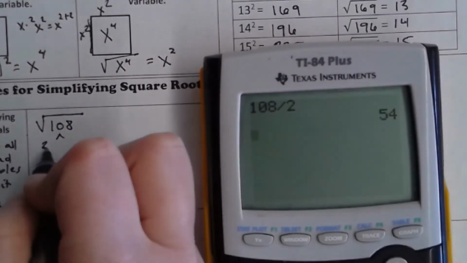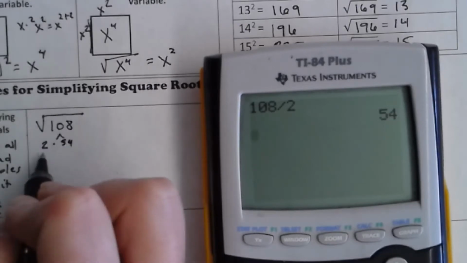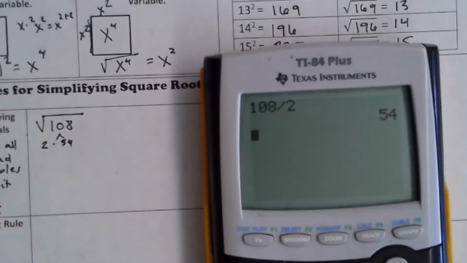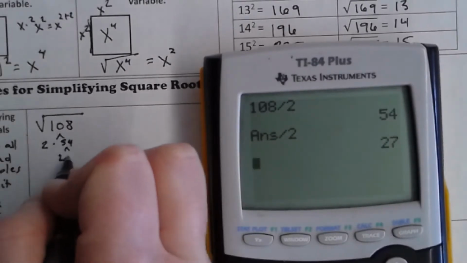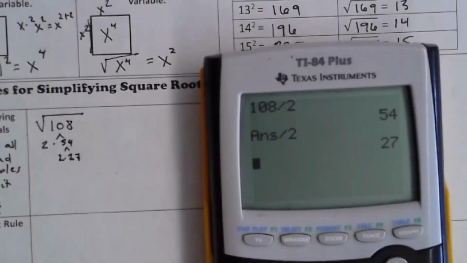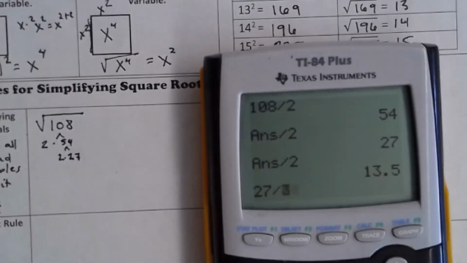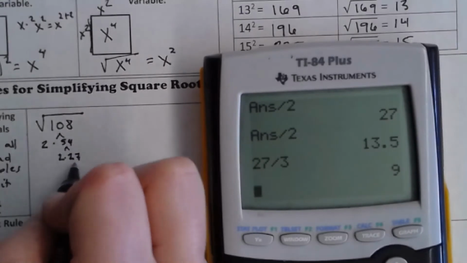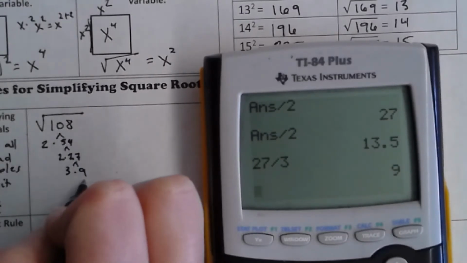Well, that's 2 times 54. 2 is what we call a prime number. It's as small as it goes. The only thing that multiplies to 2 is 1 times 2. Okay, so 54. Let's divide that one by 2 as well. That's 2 times 27. Well, 27 does not divide by 2, but 27 does divide by 3. So that's 3 times 9, and 9 is 3 times 3.